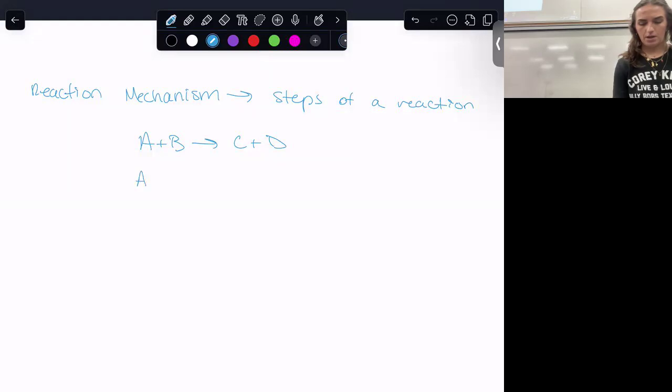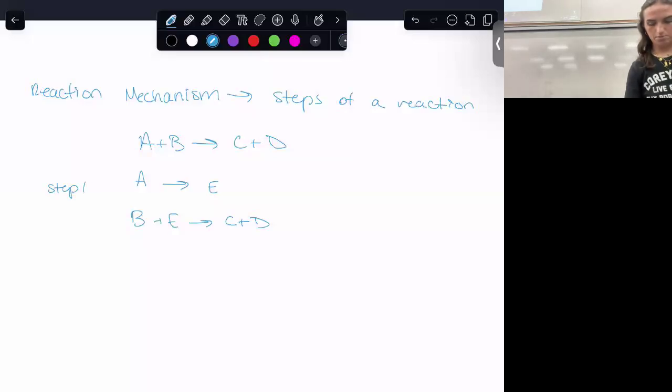So maybe A goes to E first, and then B comes in and works with E to form C plus D, we'll call it that. Then when you add step 1 and step 2, overall you would get A plus B goes to C plus D. So the reaction mechanism is the actual steps it takes to produce those products.